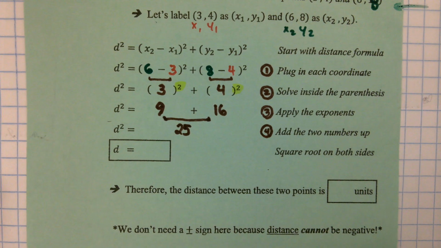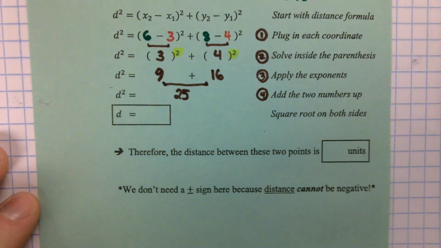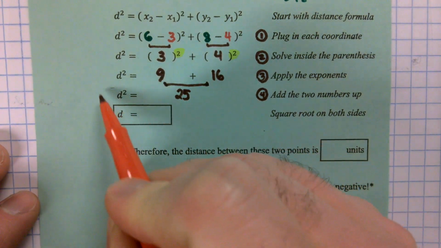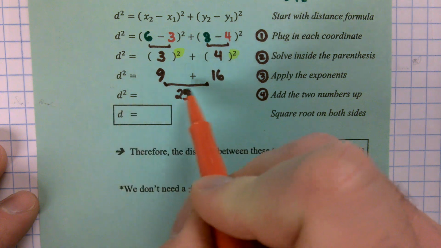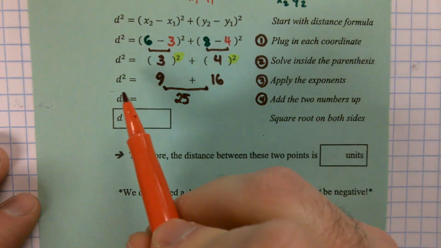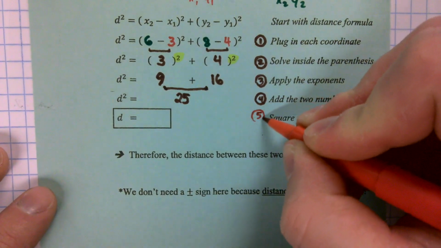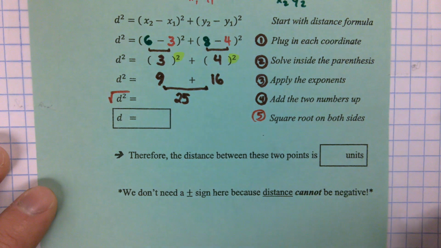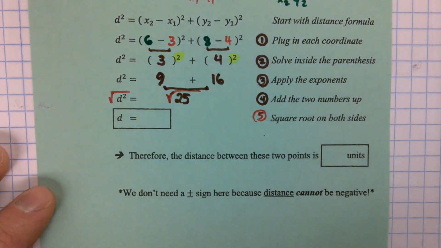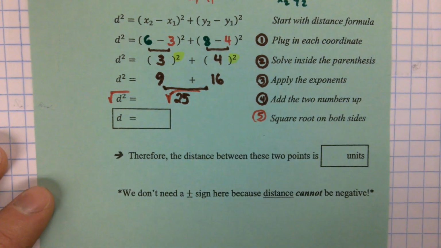Okay, stay with me, guys. So we get d squared equals 25. That looks just like the problems we were just solving on Friday and on that worksheet 56 that we reviewed. The last thing we need to do here is square root both sides. Square root the left, square root the right. We know that the square root of d squared just gives me d.